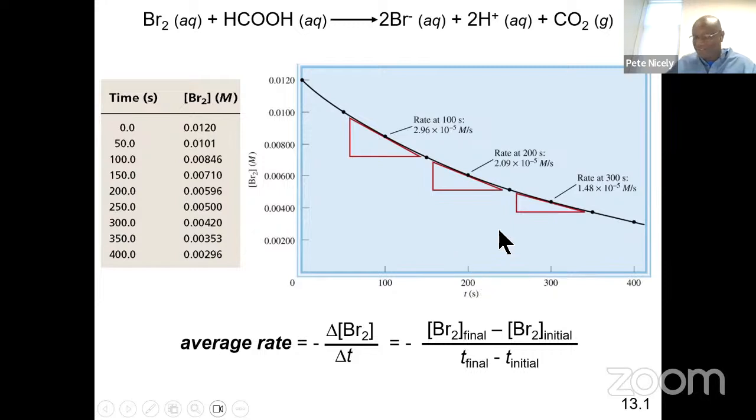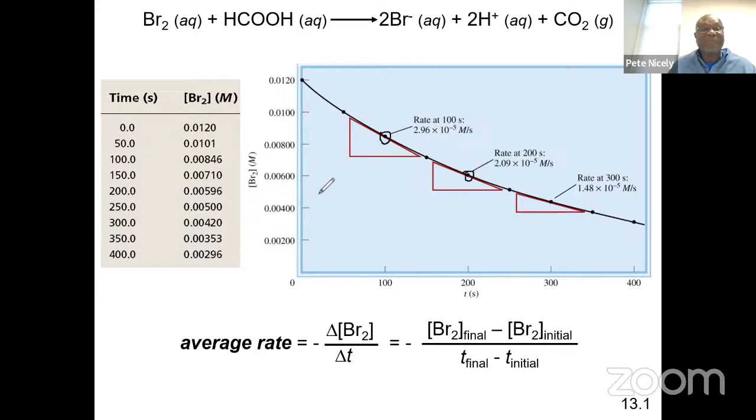Then basically, let me see if I can do the math here. I'm going to see if I can squeeze it somewhere here. So let's say, as I said before, I'm choosing this data point here and this data point, right?